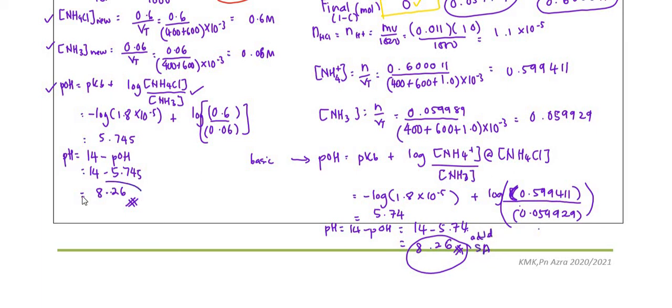This is the pH before adding strong acid. Is it the same? Yes, the same. Whether you added or not, the pH still remains constant. This tallies with the definition of a buffer solution. A buffer solution resists changes in pH when a small amount of acid or base is added to it.